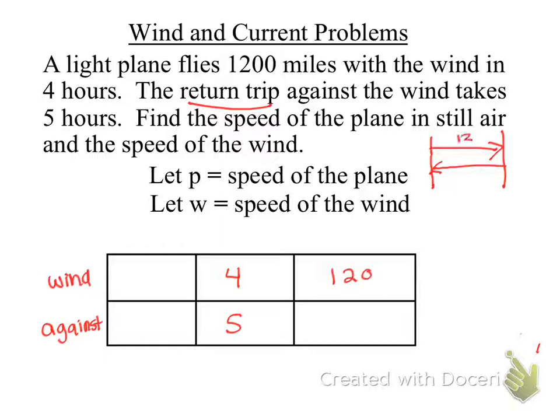It's 1,200 this way, because it says a light plane flies 1,200 miles with wind in 4 hours. And then it comes back 1,200 miles in 5 hours. Right? So they're both individually, we know their distance.